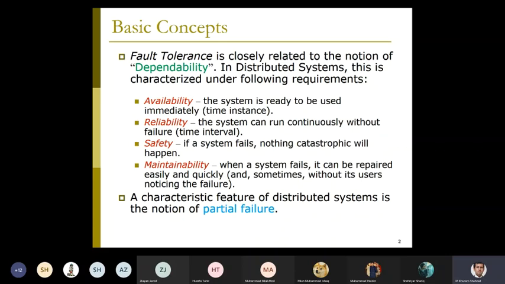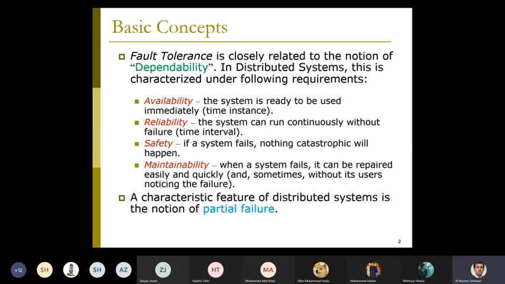Safety: if the system fails, nothing catastrophic will happen. Take the example of a space shuttle system, where safety is a very important mechanism, and we will have an example when we cover the N module failure system.